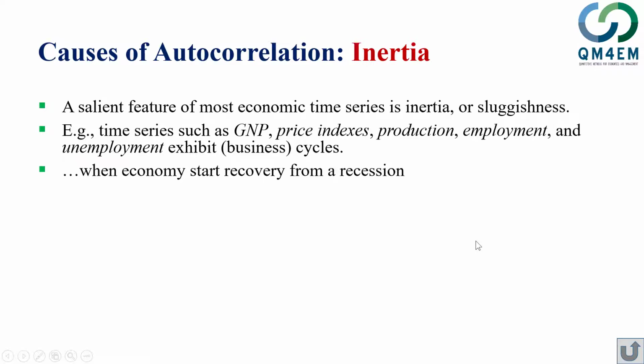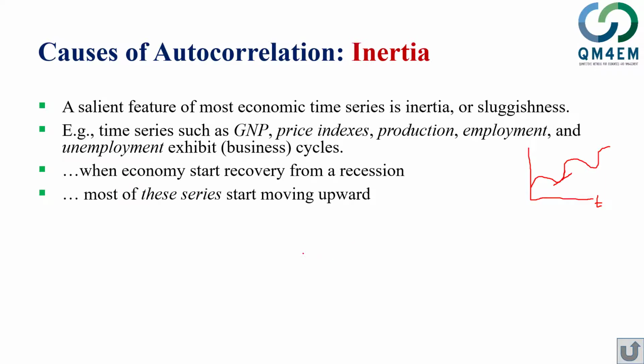So if we think of the case when the economy starts recovery from the recession, when we are at the peak of our recession and suddenly the economy starts recovering, if I draw that, normally the economic activity over a period of time moves like this. Think of when the economy is here and it starts recovering, so you're moving upward.